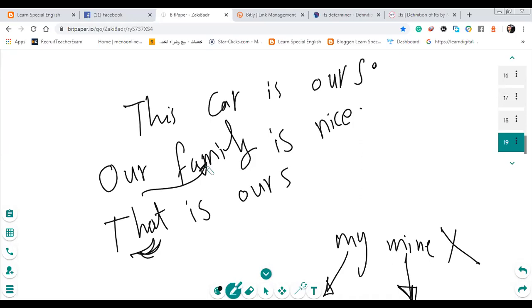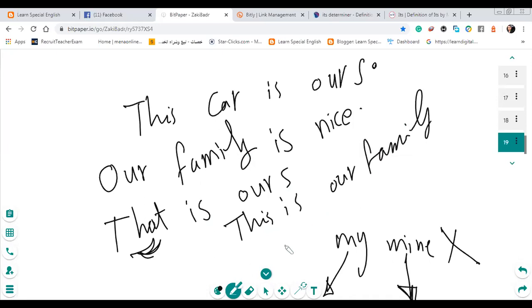Ours belongs to what? Family also. So you say that family belongs to us. That is ours means that family belongs to us. Like you can say, this is our family. Or this family is ours. This family is ours means this family belongs to us.